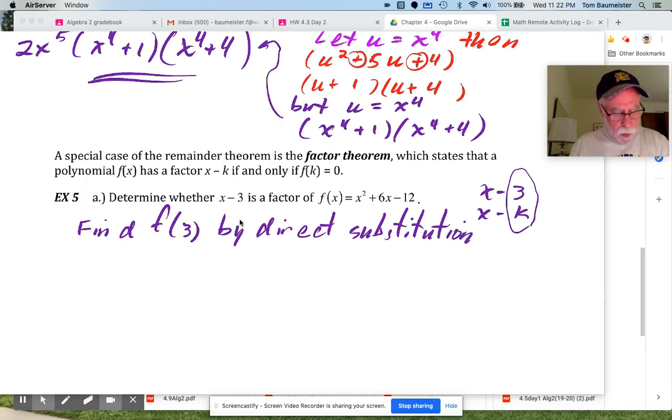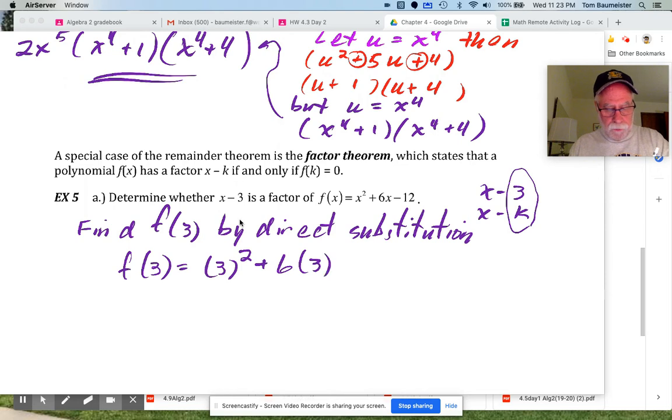And so I'm going to put f of 3. Remember, when I put it there, f of x, x is now equal to 3. So wherever I see x, I'm replacing it with 3. All right. 3 squared is 9. 6 times 3 is 18 minus 12.